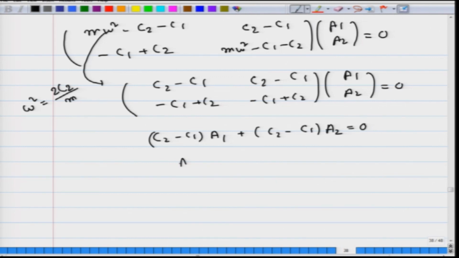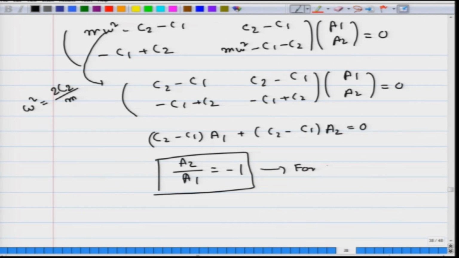So, we get here A2 by A1 will be minus 1 for the optical mode. So, the correct option is this: A2 by A1 will be minus 1 for optical, and A2 by A1 will be plus 1 for acoustic.